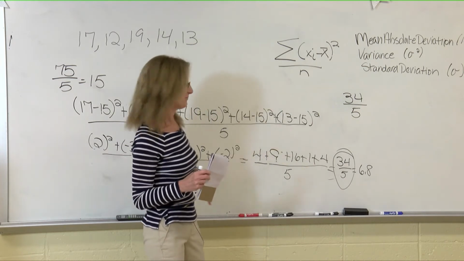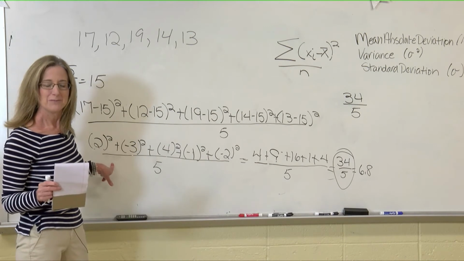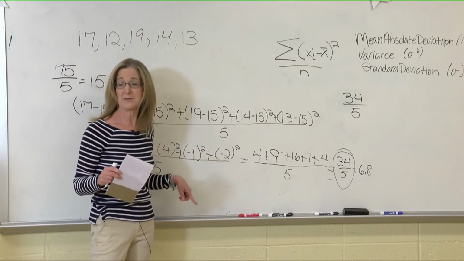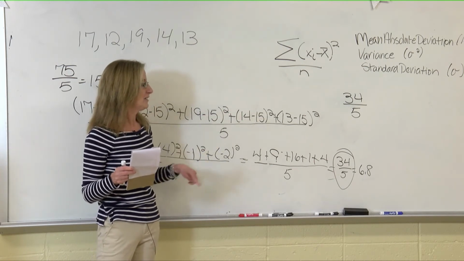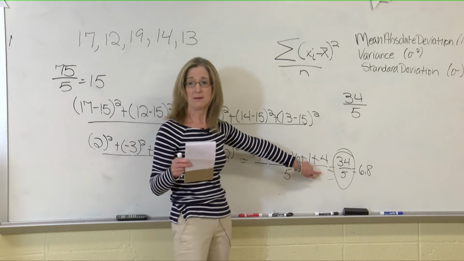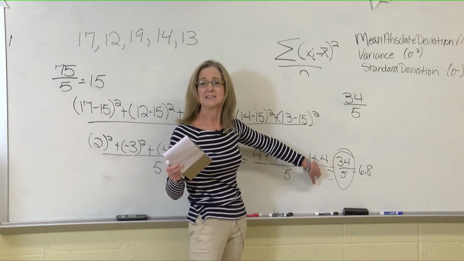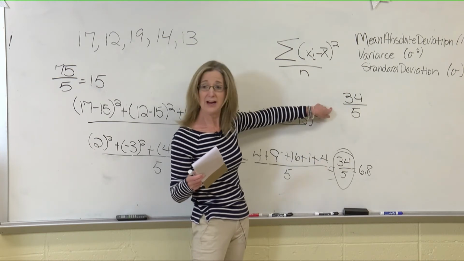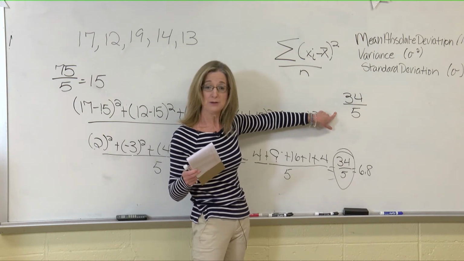But once you get the correct numbers on your paper, and you get to this point with your variance, to get your standard deviation, all you have to do is take this number and find the square root.